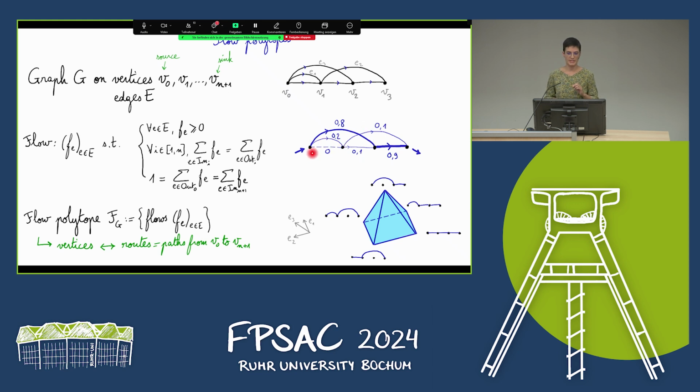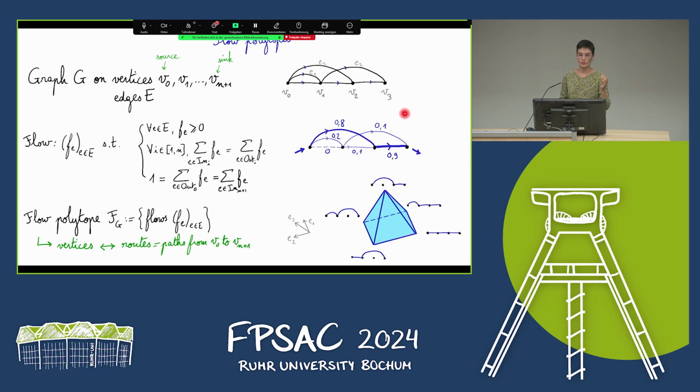So for example, here, 0.2 plus 0 is equal to 0.1 plus 0.1. And also, the sum of what goes out of the source is equal to 1, as well as what goes into the last vertex, the sink. So we can think of these as the repartition of a unit 1 of water flowing through the graph.